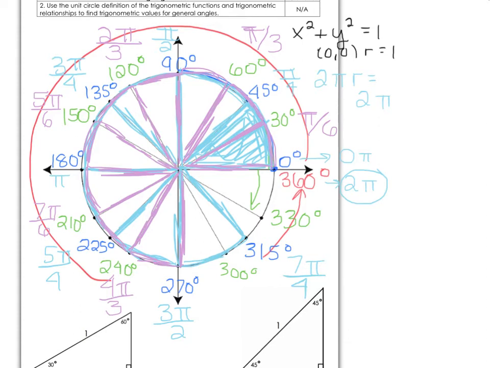We're almost there. 9 pi over 6 plus another unit of pi over 6 gets me to 10 pi over 6, which simplifies to 5 pi over 3. Last one, add another unit, so 10 pi over 6 plus another pi over 6. The radian equivalent for 330 degrees is 11 pi over 6.